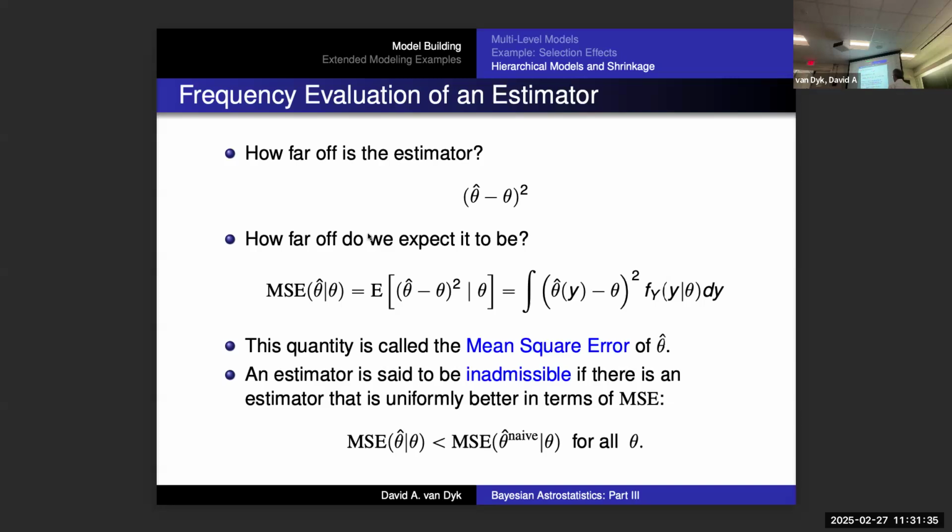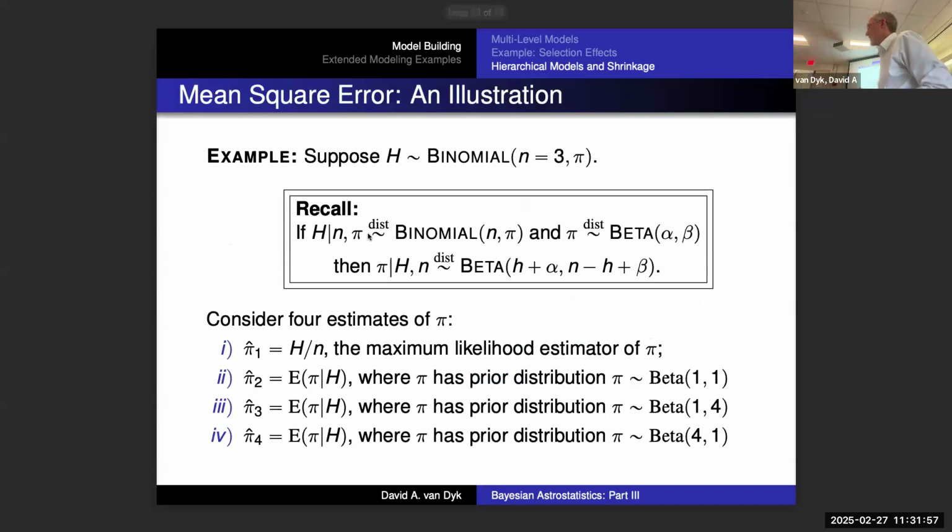It sounds like a better estimator, right? And we say an estimator is inadmissible if this is true. We should never use this estimator. It's inadmissible. We should use this one instead. Incidentally, you don't have to use squared error loss. You could use a different loss. You still call it inadmissible. But just to make things simple, I use the most obvious thing, squared error loss and mean squared error.